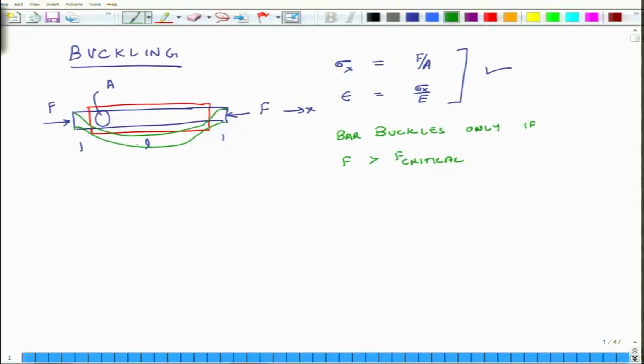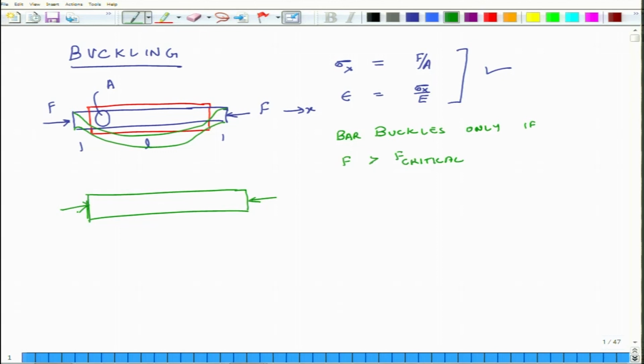So the question is, why does it buckle? Because if I look at the geometry of the bar, and it is perfectly straight, and I apply the forces, the only displacement I should expect is in the x direction.